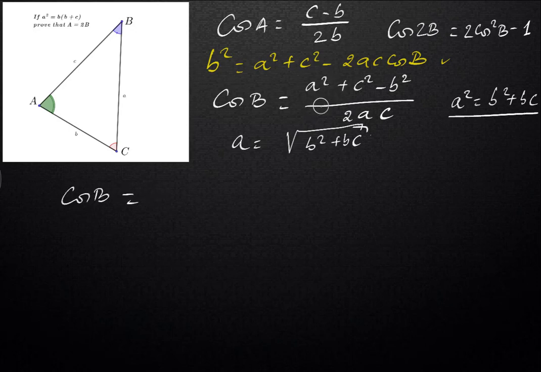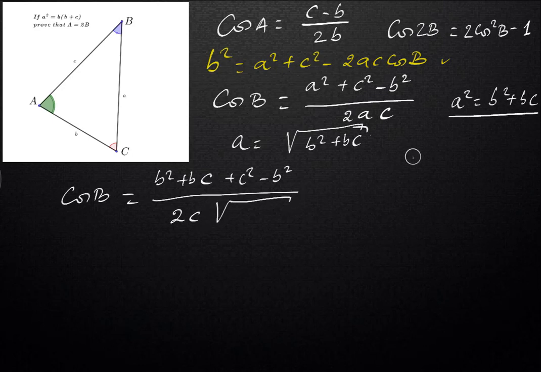So cosine B is equal to A squared, so B squared plus A plus BC, now plus C squared minus B squared, all over the quantity 2 times A times C, so 2 times C times the square root of B squared plus BC.